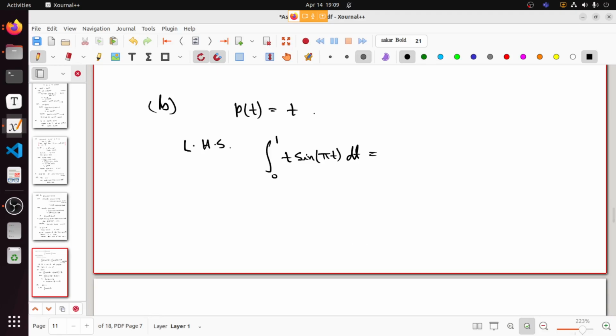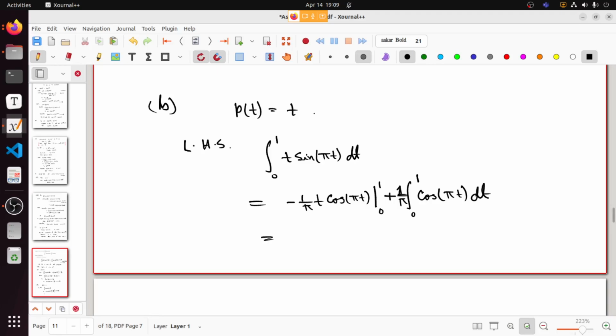If you use integration by parts, let's do it here. You will get t times the integration of sine pi t, which is minus 1 by pi t cos pi t, from 0 to 1, minus the integration from 0 to 1 of the derivative of t, which is 1, times minus 1 by pi cos pi t dt.